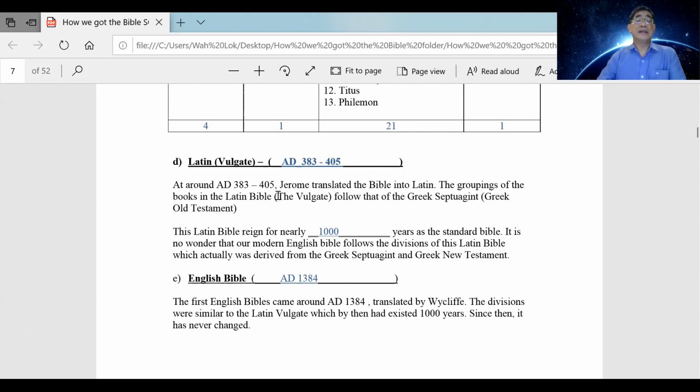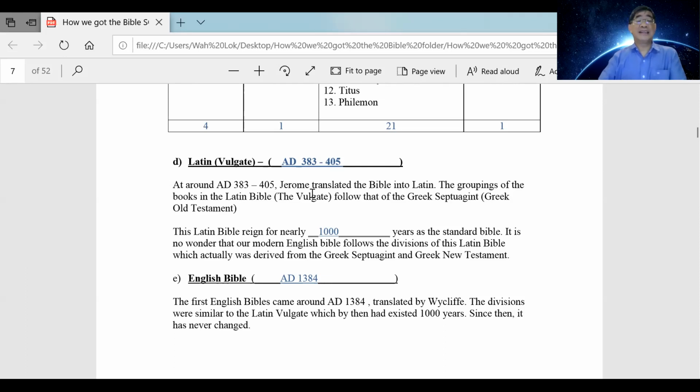This is actually the work of one man, between AD 383 to 405. In just over 20 years, he translated the whole Bible from Greek into Latin.